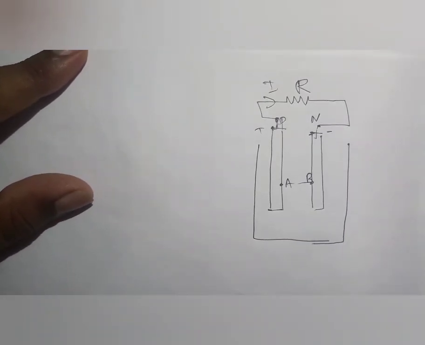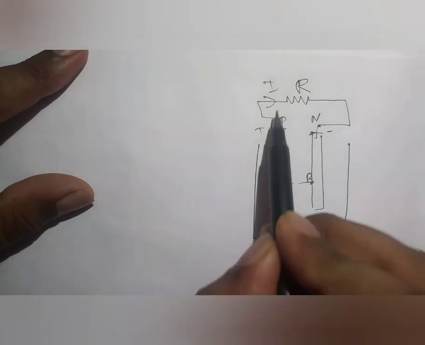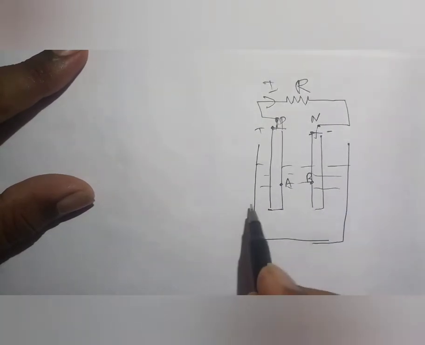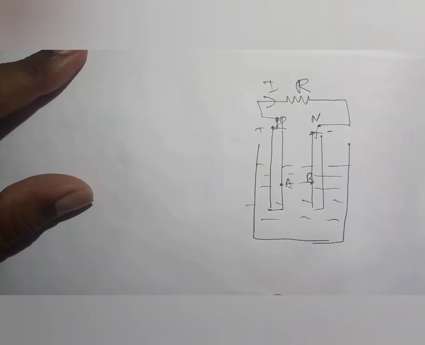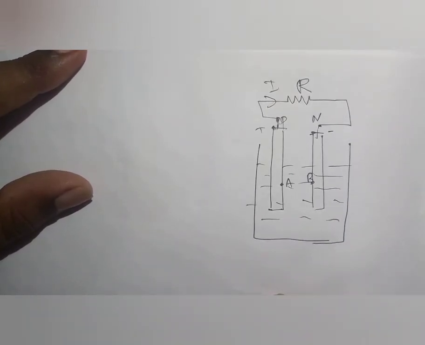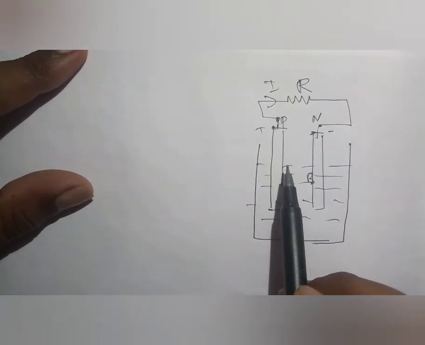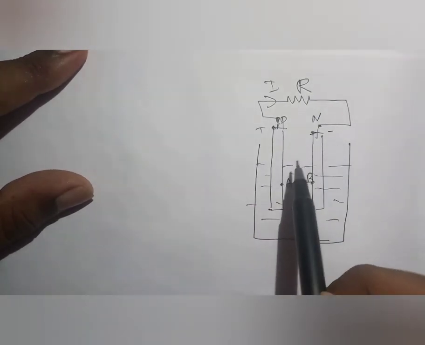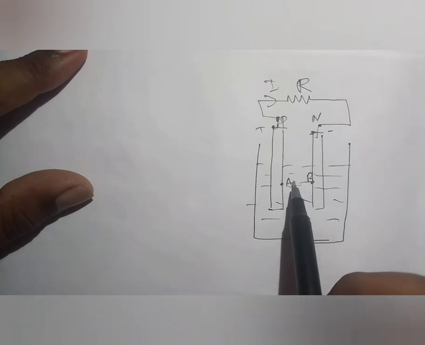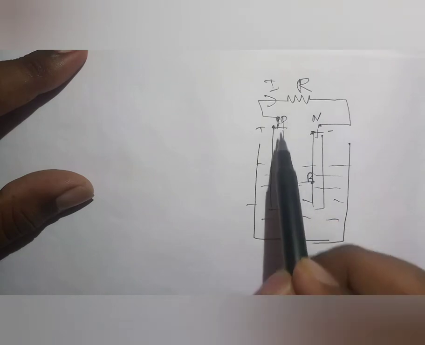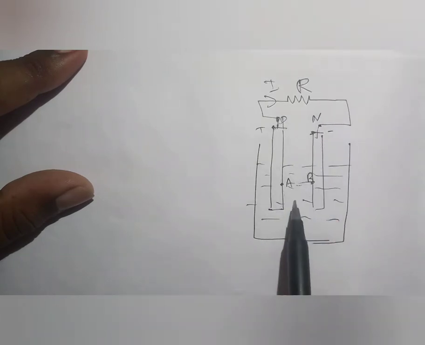Now here we can see a current will be there, and some current will pass through this electrolyte also, since the electrolyte is inside. Now when we allow the current to pass, this total potential difference will be the sum of the potential drops: one across this resistor, and one here, and here.